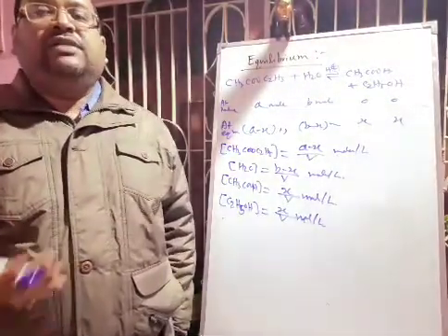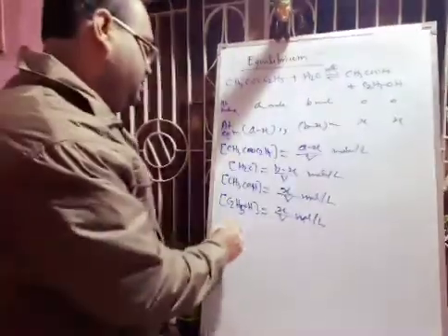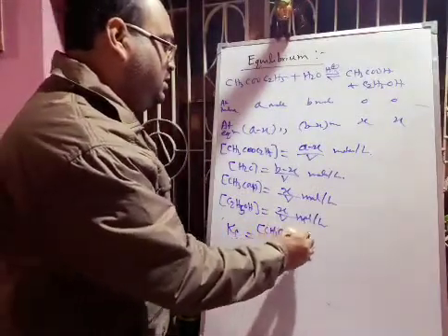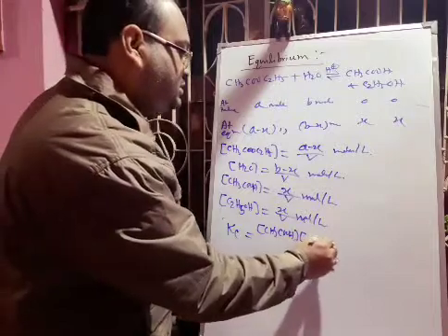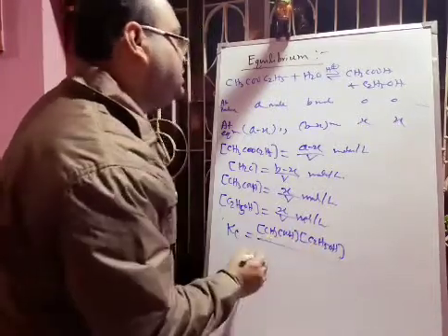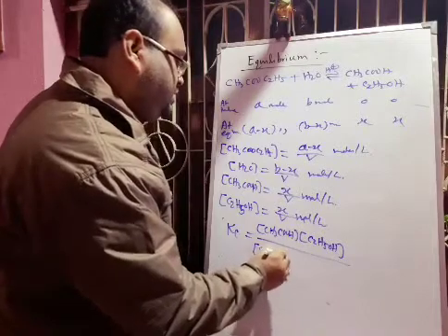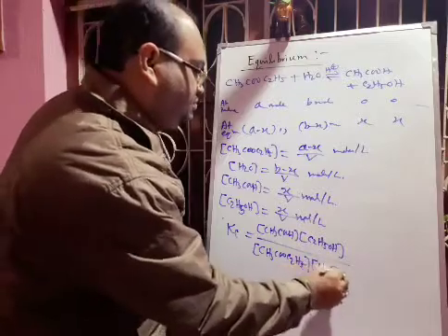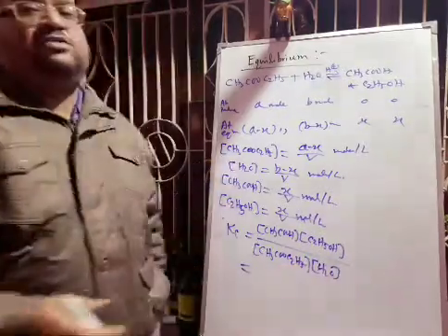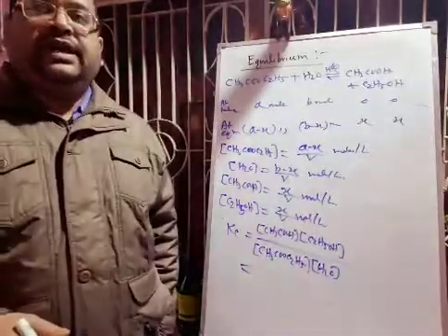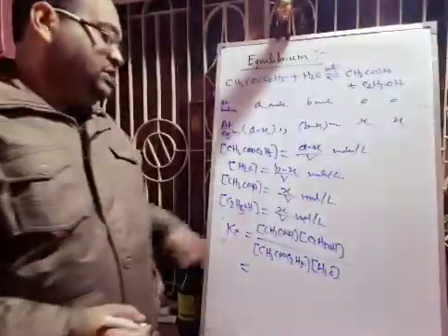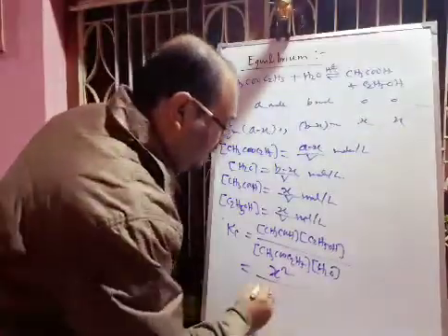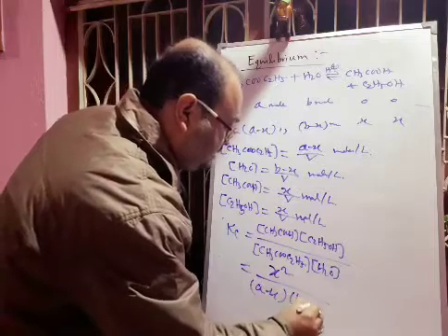Now from here you have to calculate the Kc value. Kc is the concentration of CH3COOH times the concentration of C2H5OH, divided by the concentration of CH3COOC2H5 and the concentration of H2O. If you put in all these values, you will get x square over A minus x into B minus x.